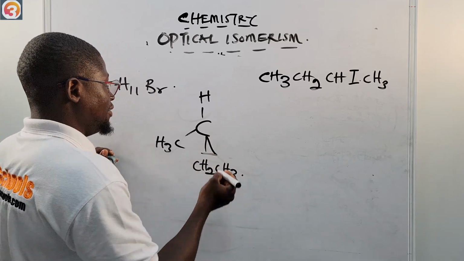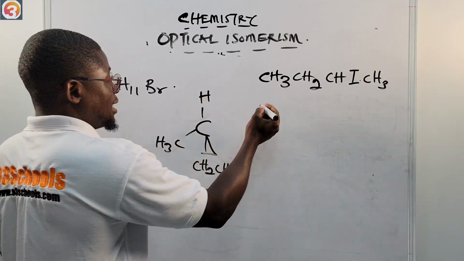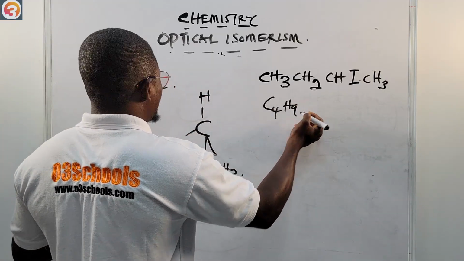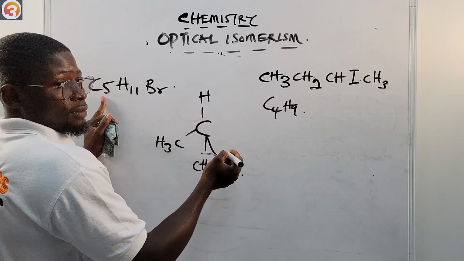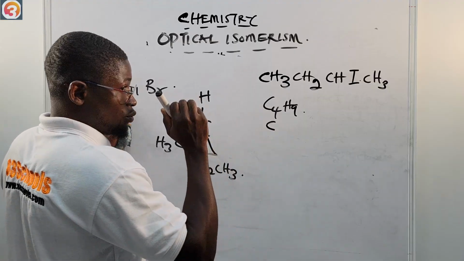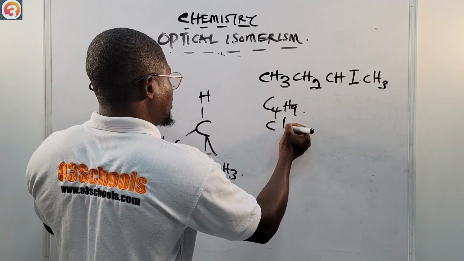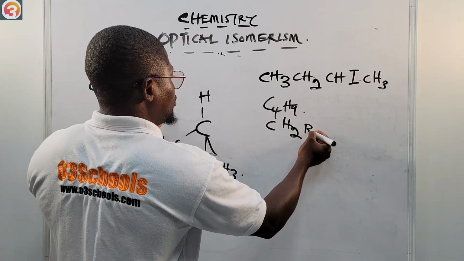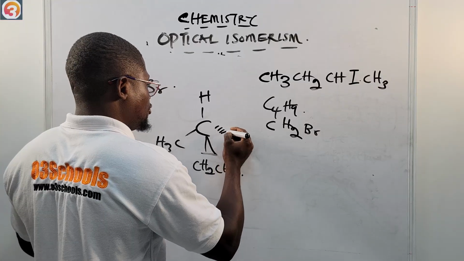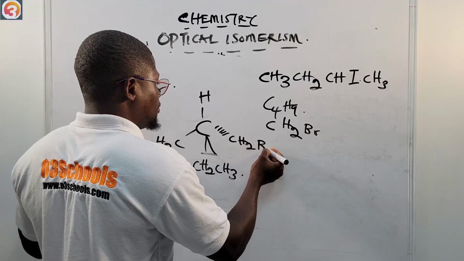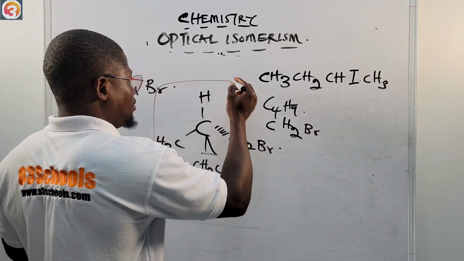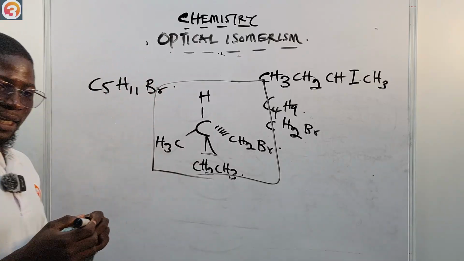So what will now be left? Sometimes this was C4H9. What will be left here is one C, then 2 hydrogens, and then bromine. So the last group here would be CH2Br. And of course, it means that it is also optically active.